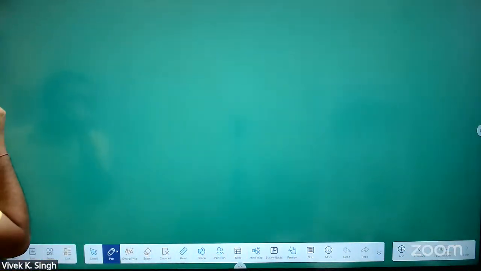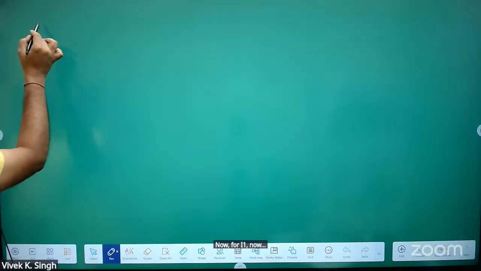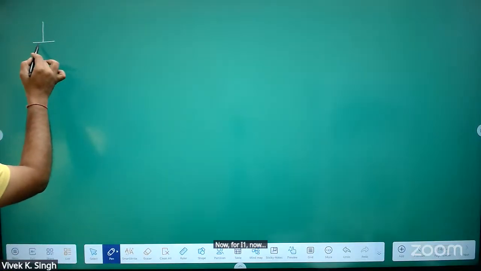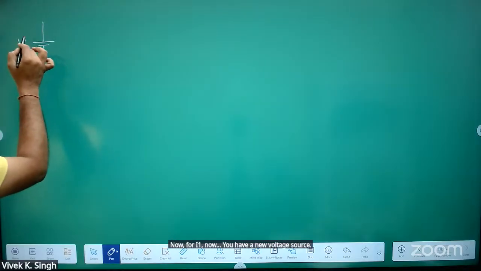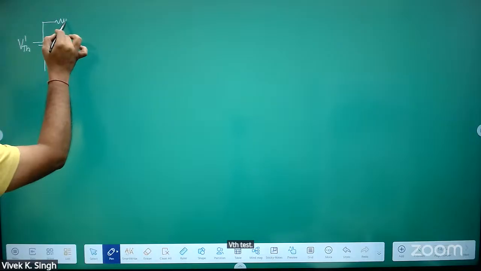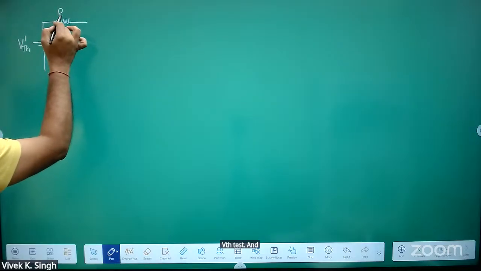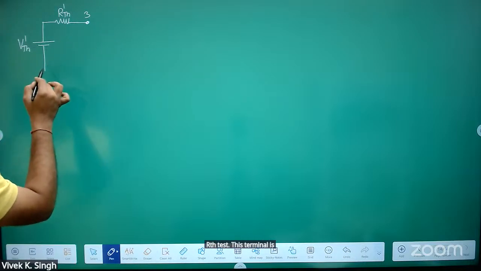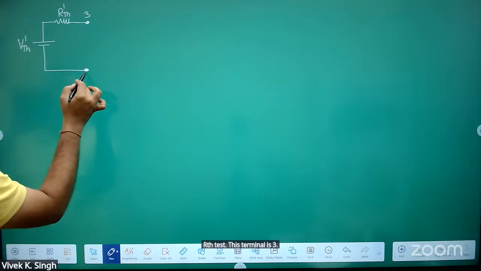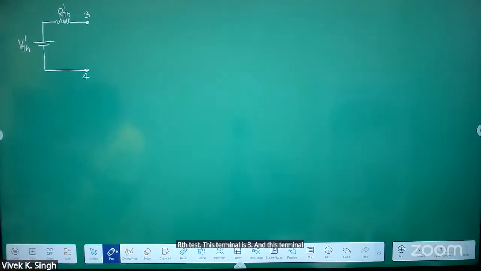Now for I1, you have a new voltage source, VTH dash, and this is RTH dash. This terminal is 3 and this terminal is 4.